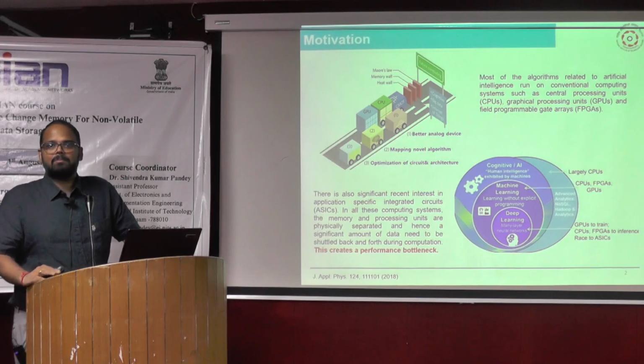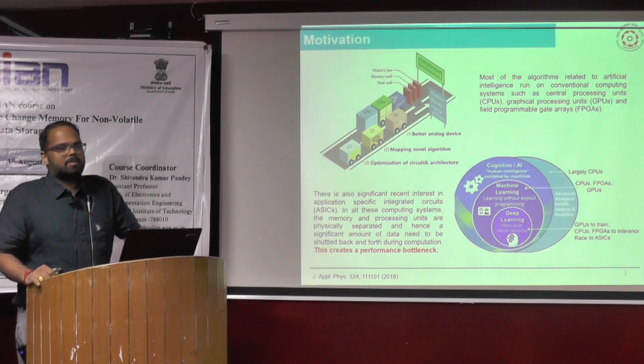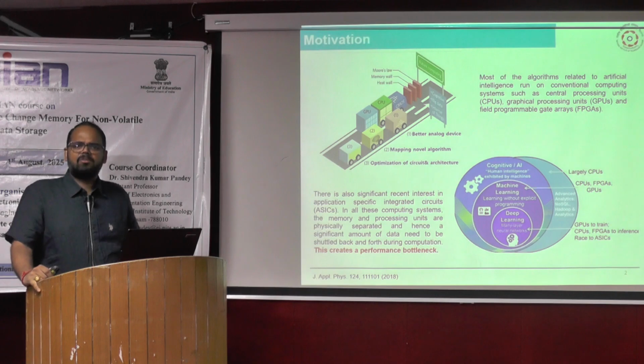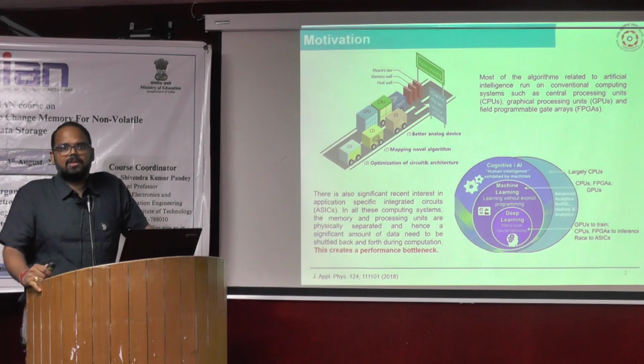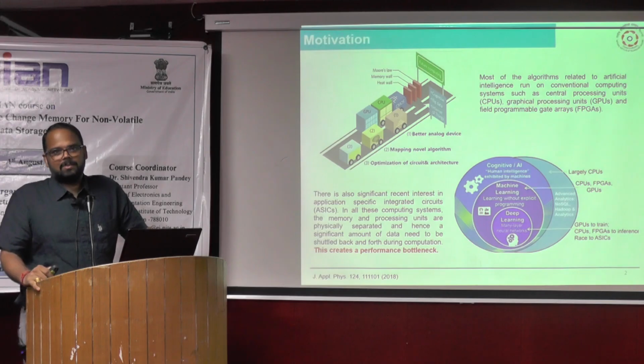This is one of the crucial aspects, because Moore's law is almost reaching saturation. There is a memory wall and a heat wall. Due to that, we cannot go ahead with existing systems like CPU, GPU, FPGA.